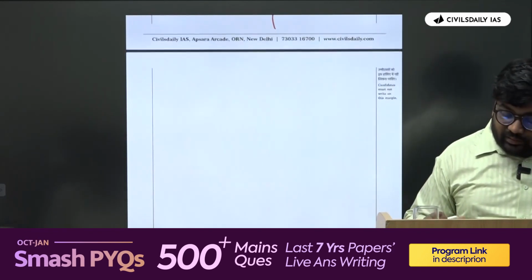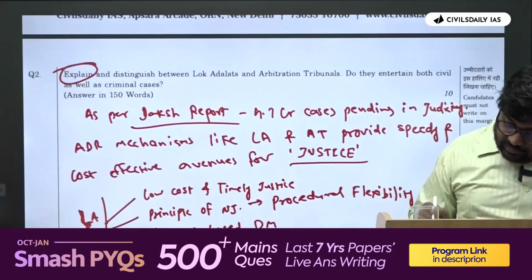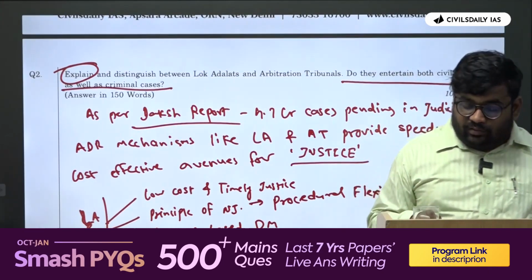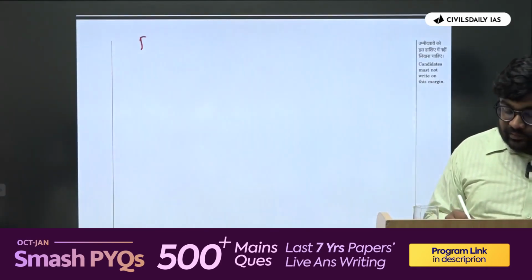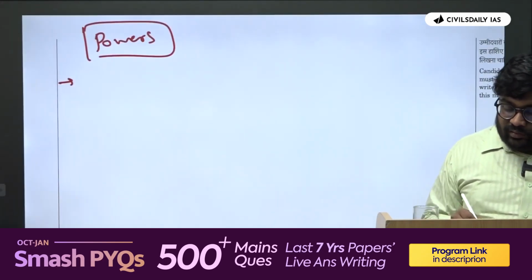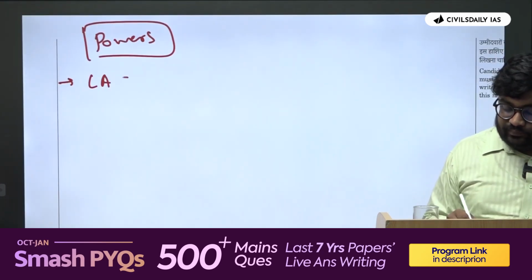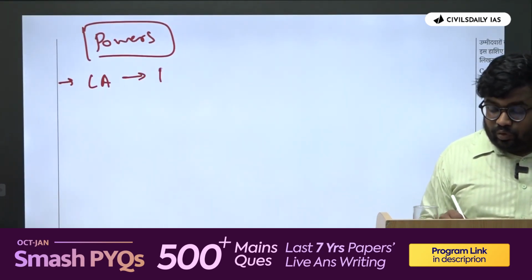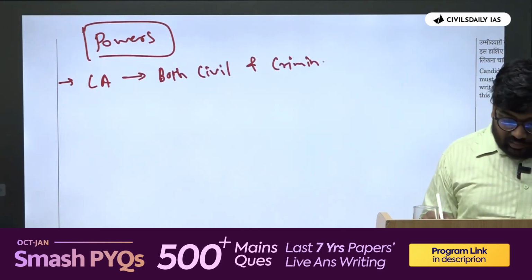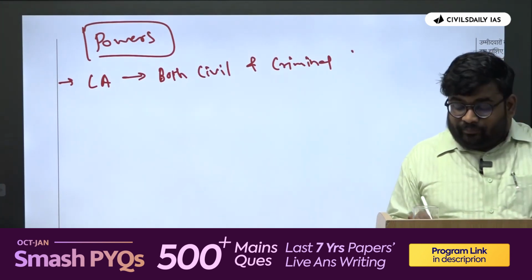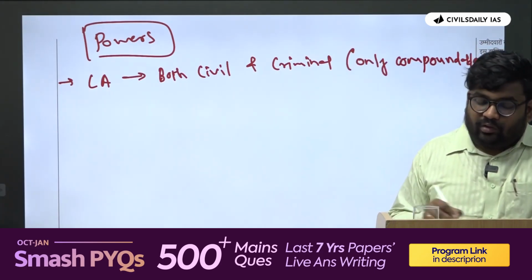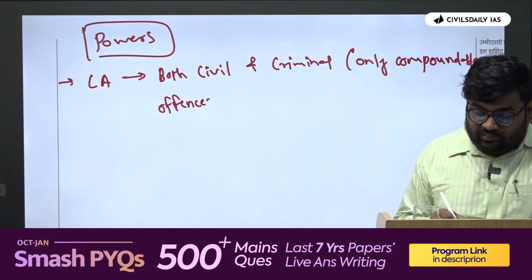Then come to the next part. With respect to the powers, do they entertain both civil as well as criminal cases? So this is with respect to the powers. You simply classify in this way. Lok Adalat entertains both civil and criminal, and only compoundable offenses.